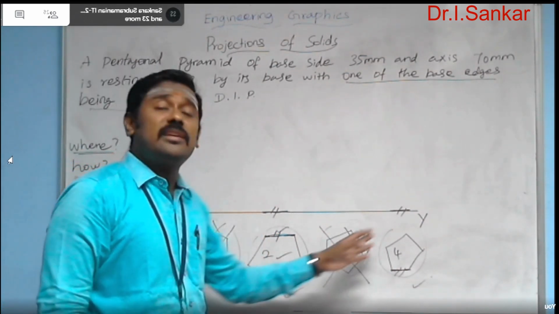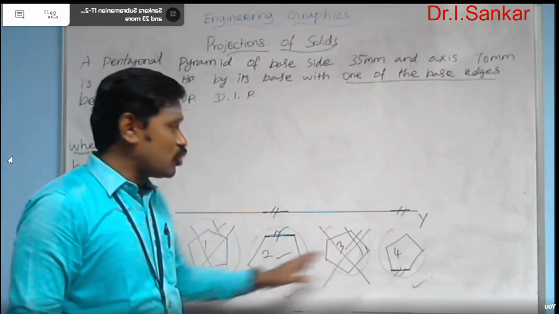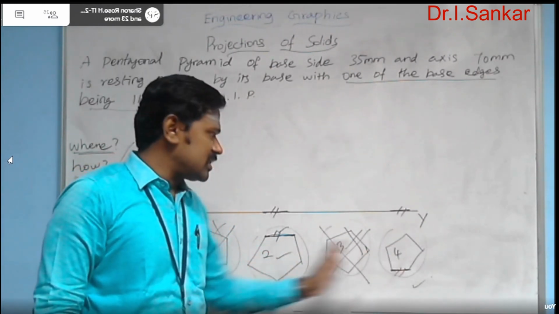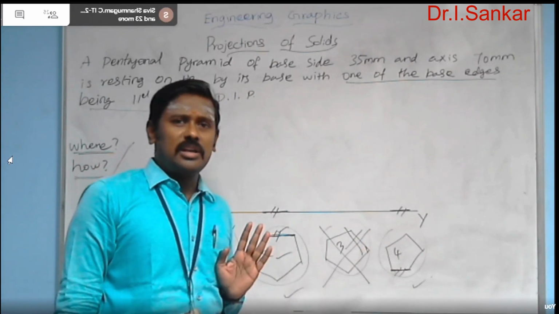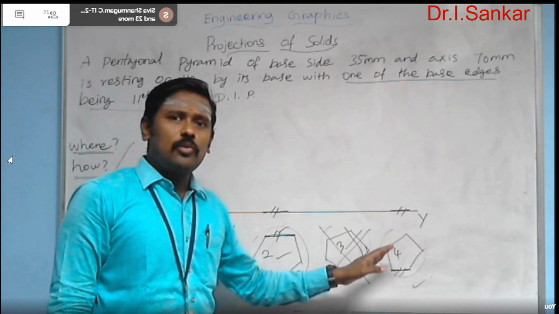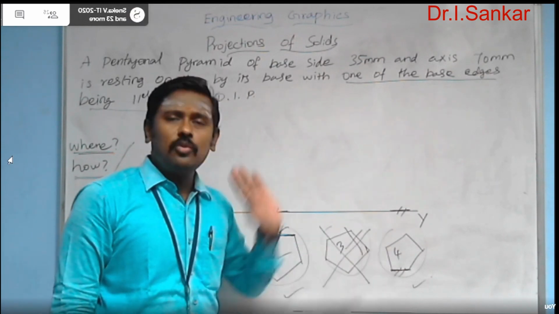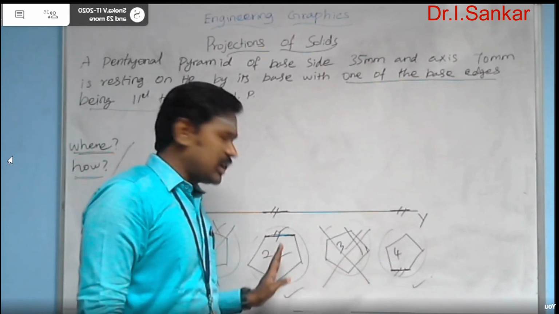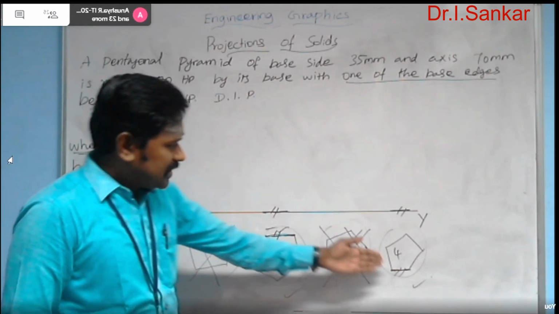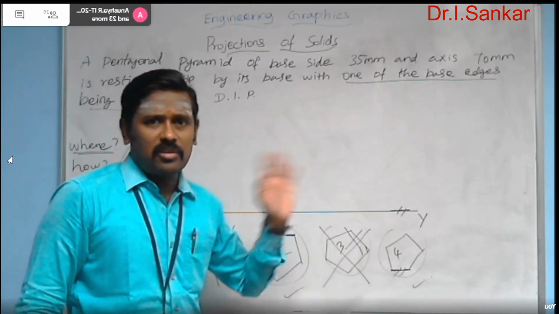And which can I select, the choice 2 or choice 4, it's your wish. In both choices, the conditions are satisfied. The pentagonal base having one base edge parallel to VP. So any you can select. As of now I am selecting this one. But selecting choice 4 also is right.